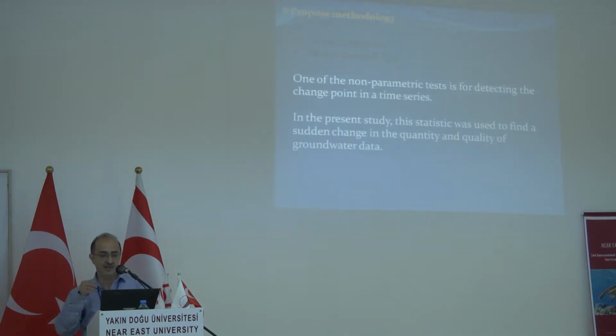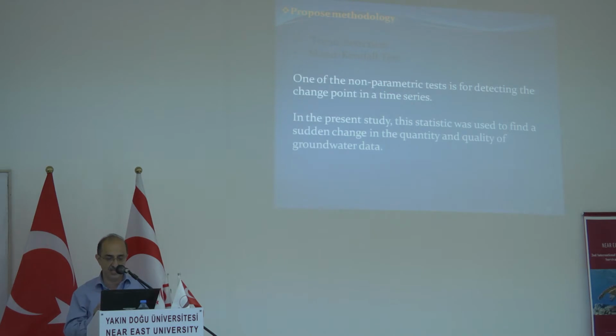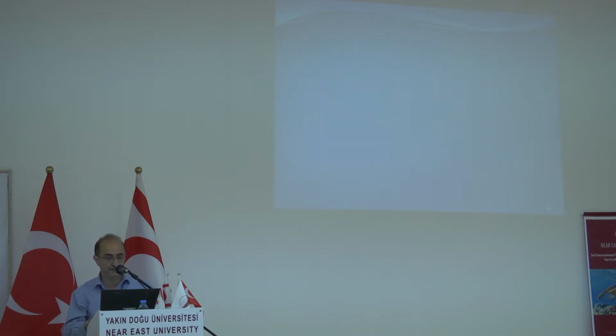Trend detection: the Mann-Kendall test is one of the non-parametric tests for detecting the change point in a time series. In the present study, this statistic was used to find a sudden change in the quantity and quality of groundwater data.